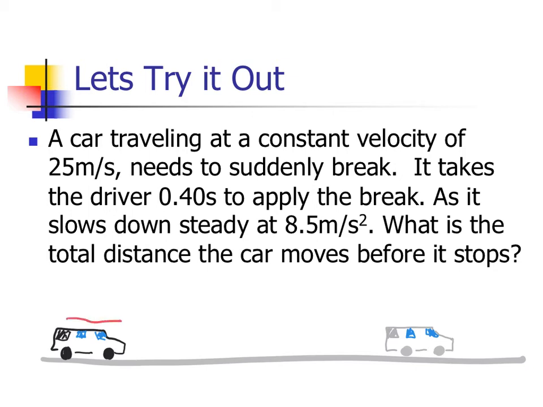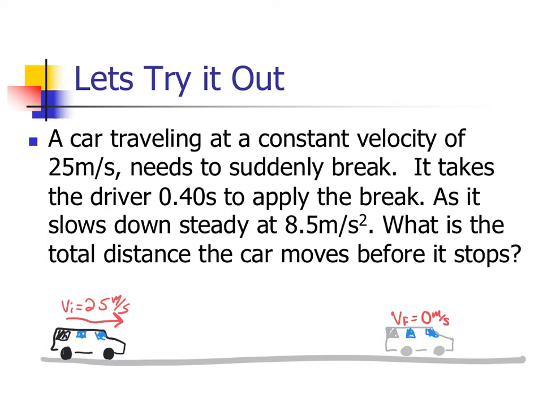out does help, in that it is initially going to be going, so the initial velocity is going to be 25 meters per second. The final velocity is actually going to be 0 meters per second.